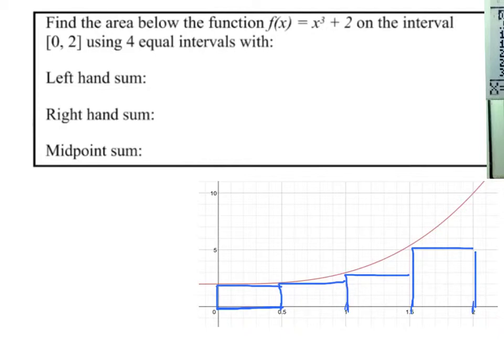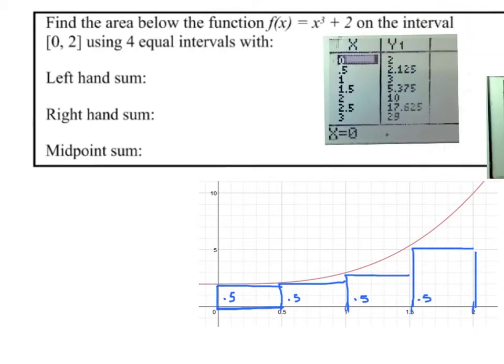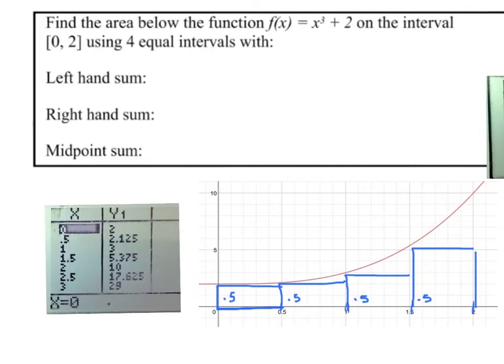So in each of these, the width is 0.5, so I'm just going to put 0.5, 0.5, 0.5. And the heights I would get by evaluating the function. So I did that over here. Let me bring that in. This first one is just 2, the value at 0.